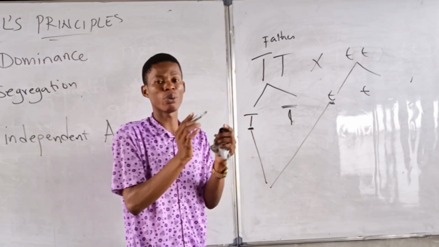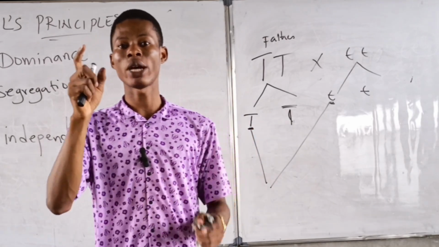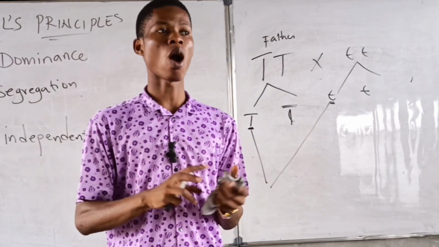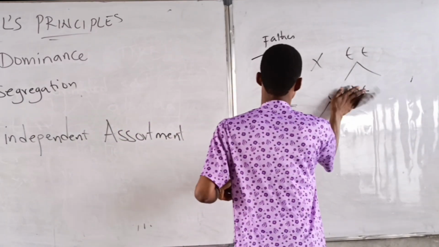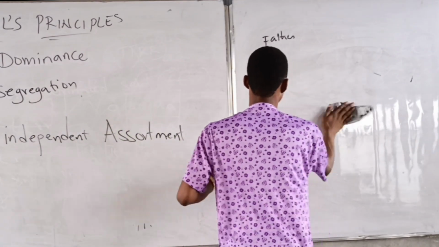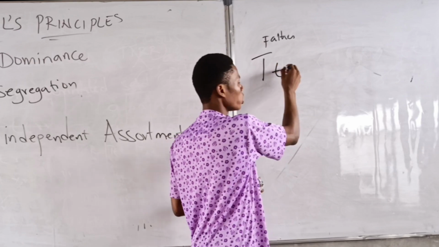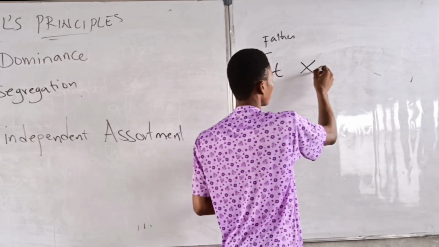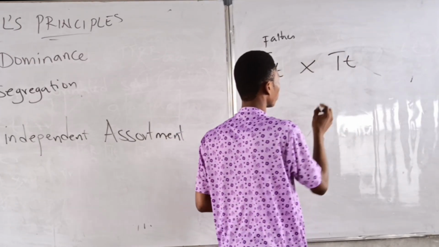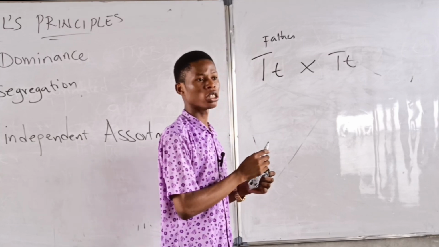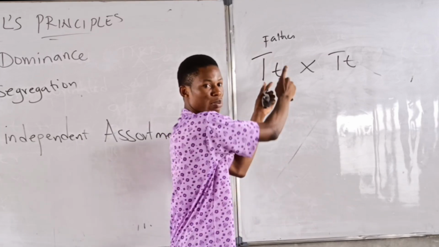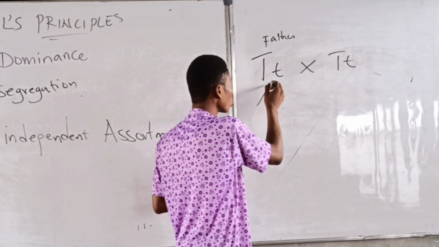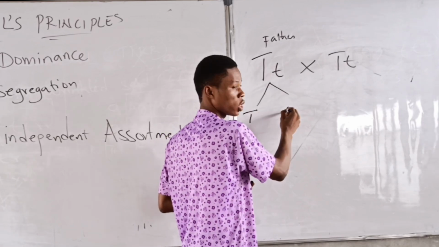So the offspring will end up receiving one of these and one of these, right? To form its complete set. That is what you see when the same mother and the same father have one child who is tall and another who is short. Let's take, for example, we have something like this. If the father's genotype is this, and the mother's genotype is this. Remember, before the genes are passed on, there was segregation, right? Separation, the two must separate. And if these two separate, we have capital T and small t here, right?